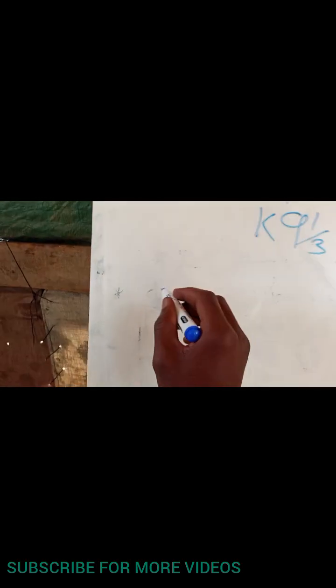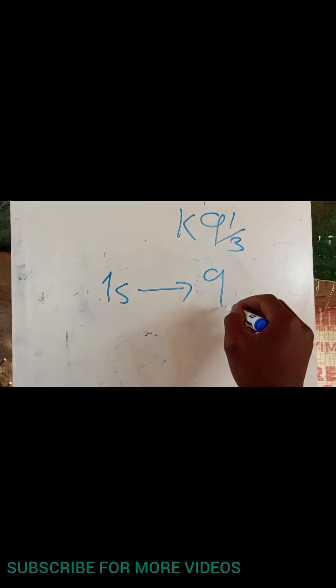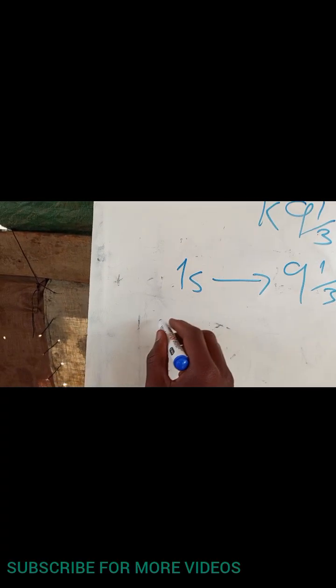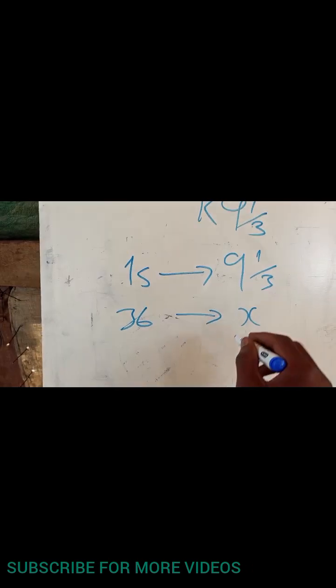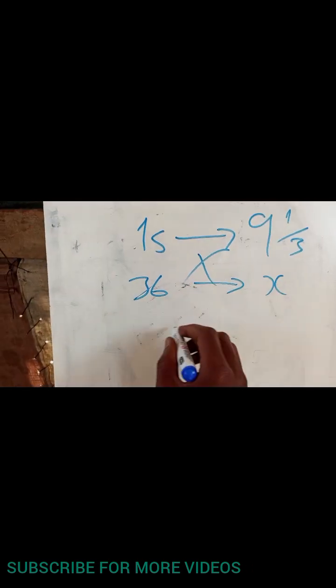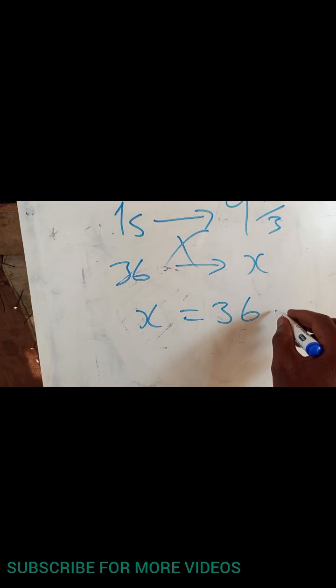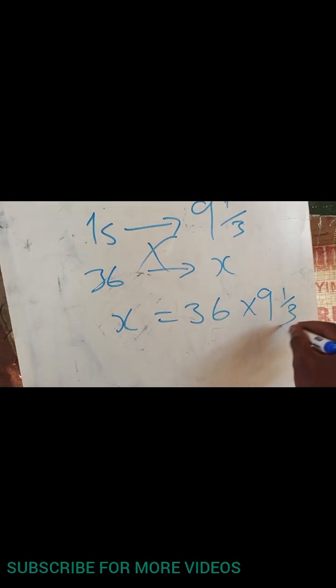Then we are going to make the ratios. So 1 share, someone was getting 9 and 1 over 3. Then for 36 shares, we don't know, so we're going to write x. Then we cross multiply. x is equal to 36 multiplied by 9 and 1 over 3.